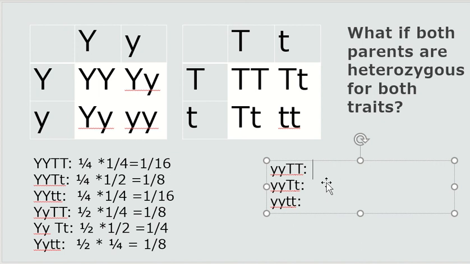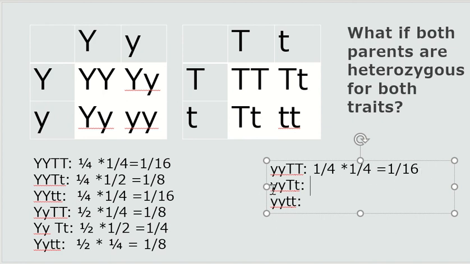Over here we have homozygous recessive for the seed pod color and homozygous dominant for plant height. 1 out of 4 look like this, and 1 out of 4 look like that. So it's 1 times 1 is 1, 4 times 4 is 16, and 1/16 is the chances for that to happen.